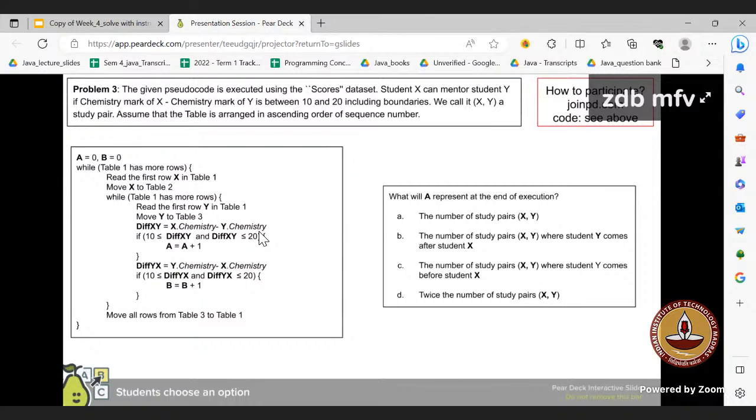That will be counted as a pair in B. Yes, then the correct option will be C, ma'am, right? Where student Y comes after student X, so the answer will be B. No, ma'am. If we ask what B represents, then the answer will be C.